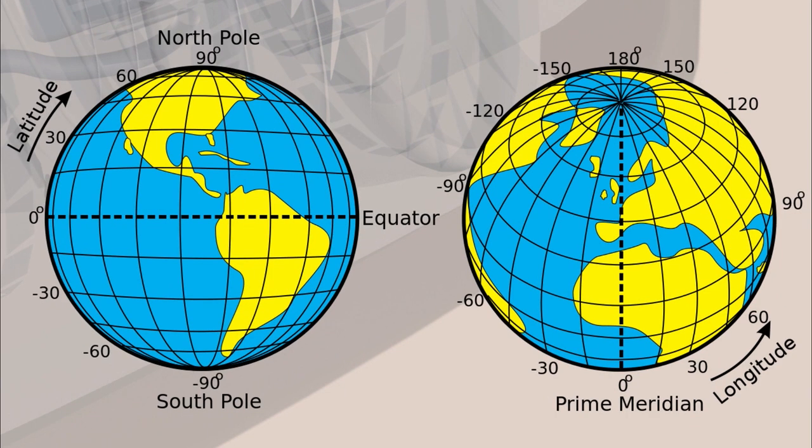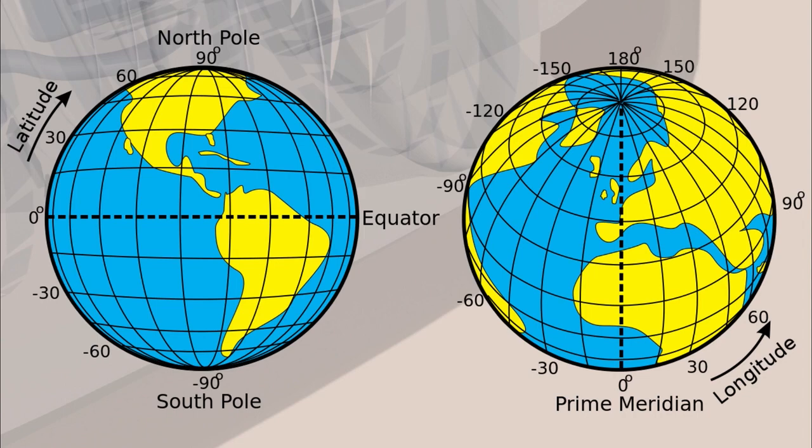All right, looking here at the globe, on the left, you see the equator in the center of the globe. Looking over here on the right, you see a line going up and down, which is similar to the equator line. It's dashed, and you can tell this is the prime meridian.